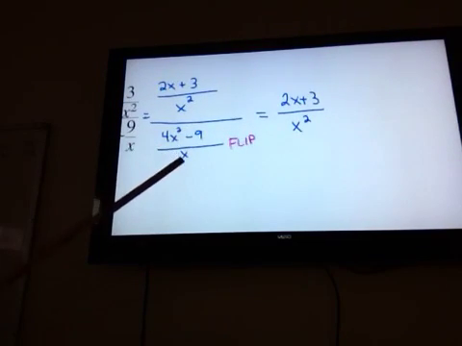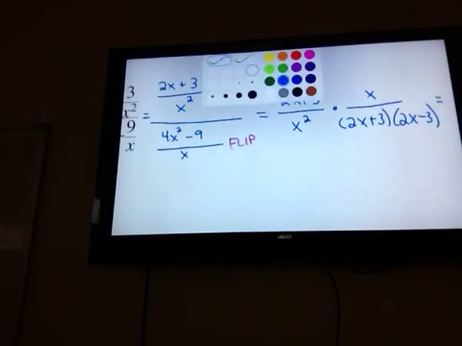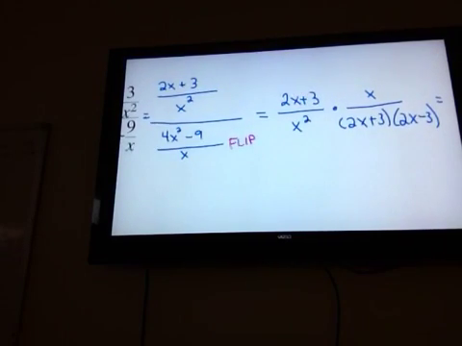The denominator is now going to flip. So the x is going to come up to the top. 4x squared minus 9, which factors? It is a difference of squares. Comes to the denominator. And I cancel.